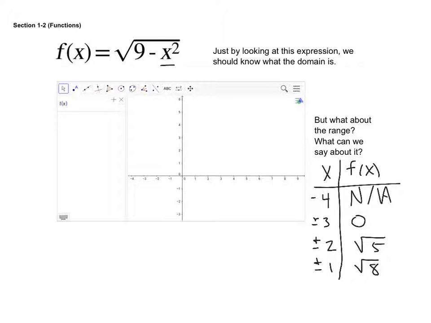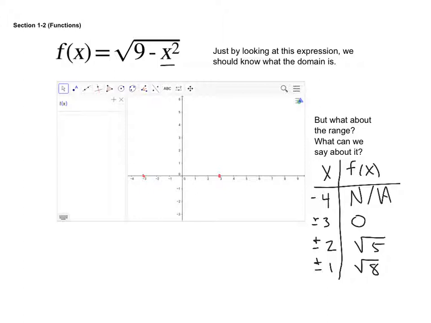So here's how this graph's going to look. When x is plus or minus 3, my f of x is going to equal 0. So right there and right there. Now, that's when x equals plus or minus 3.